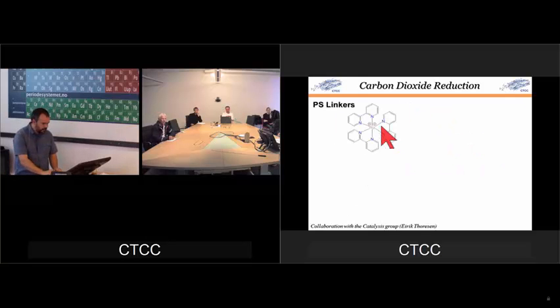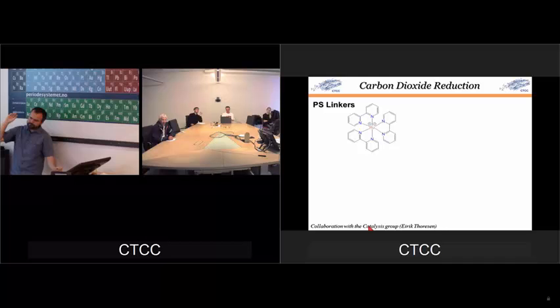So this is, I would say, a project in its infancy. The obvious starting point, and what Eirik Thoresen, PhD student in the catalysis group under the supervision of Mats and Mamo, has already started doing, is to synthesize modifications of this photosensitizer ruthenium complex in order to use it as a linker in a MOF.